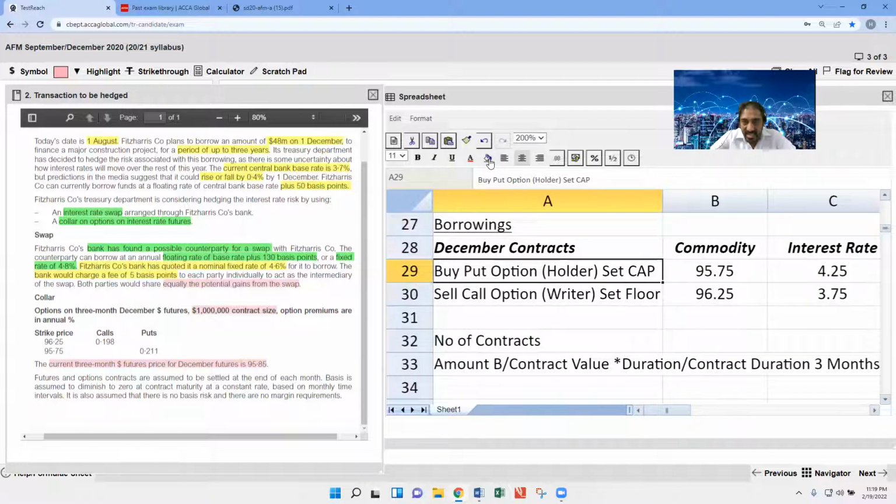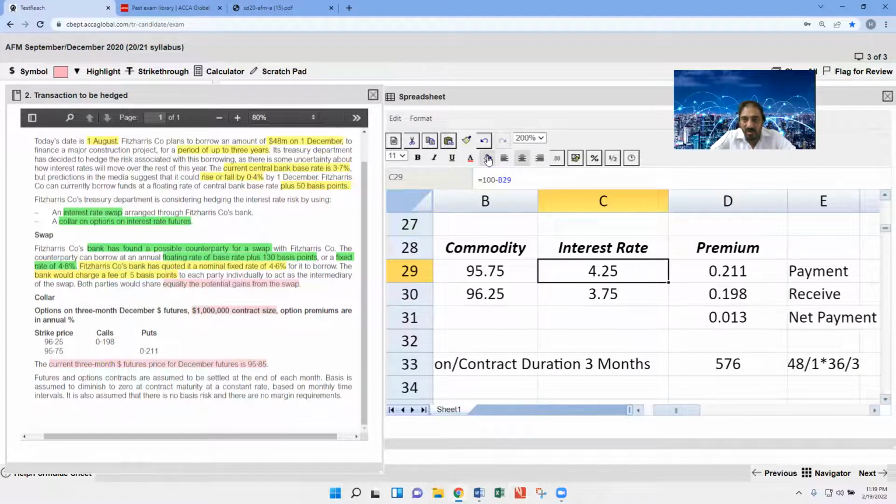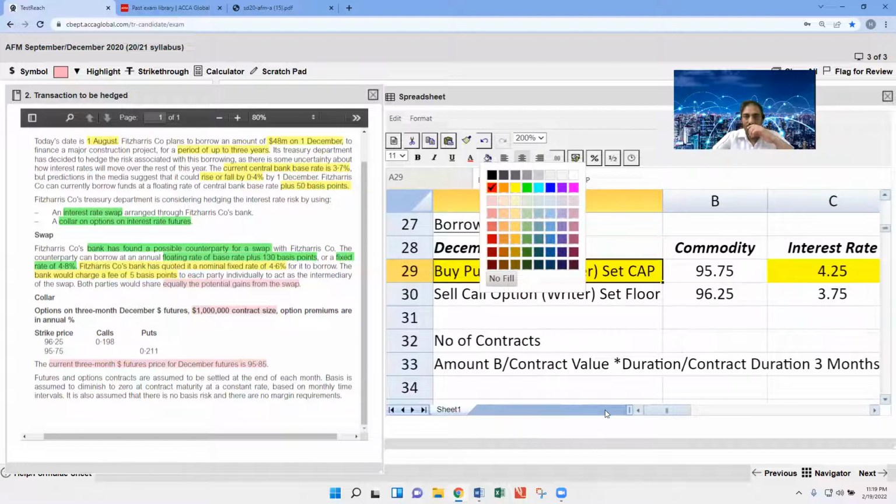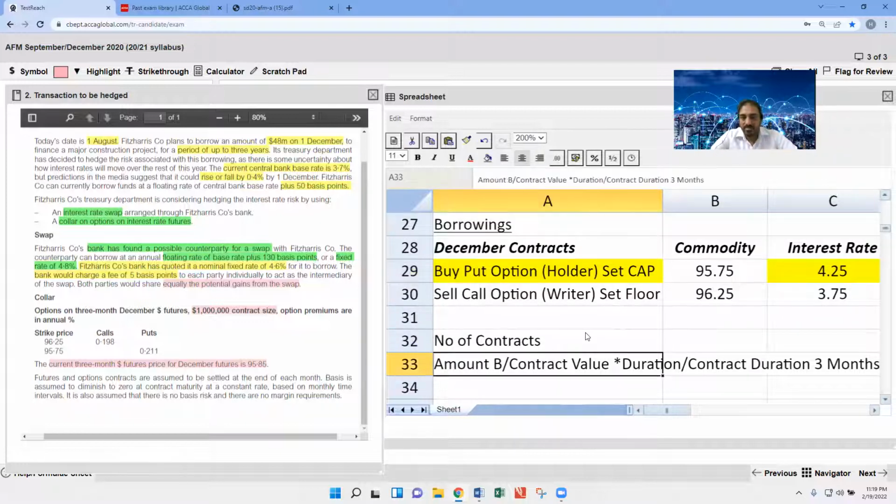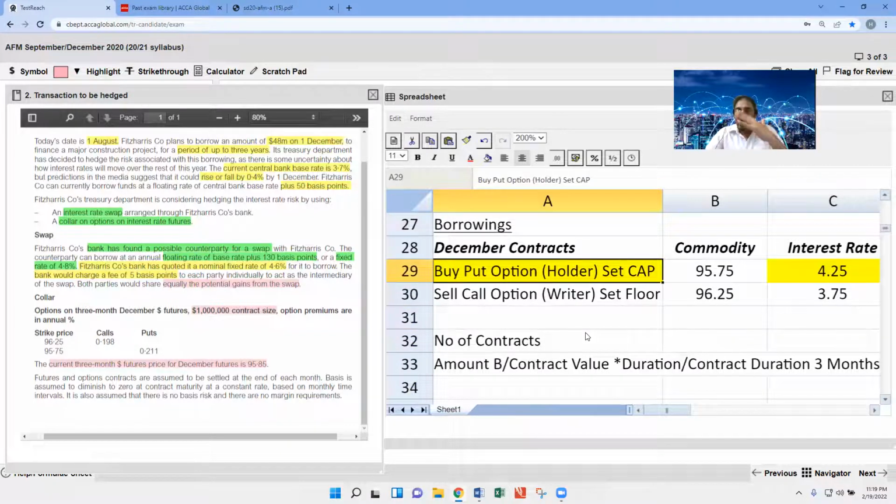Right now the relevant one is this buy put option, the interest rate 4.25%. Why does this happen? If interest rate goes up, we as holder are now considering whether I will exercise or not.